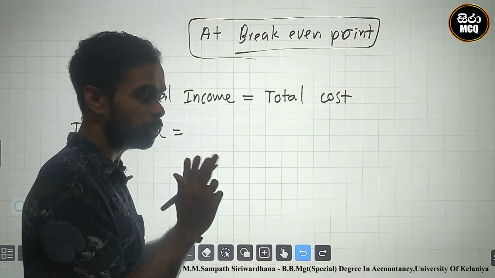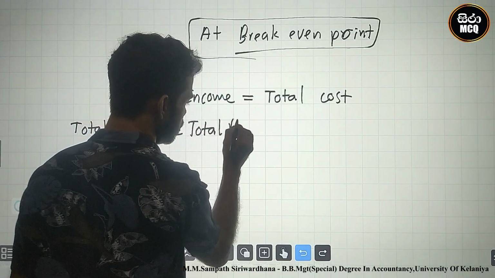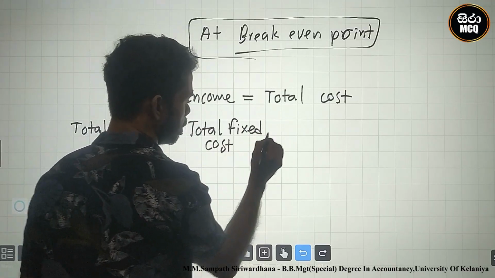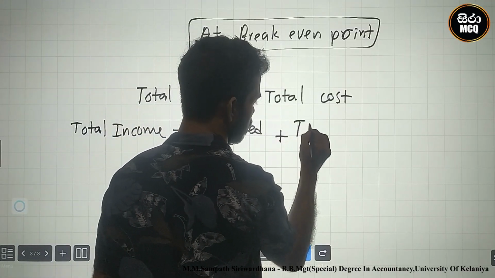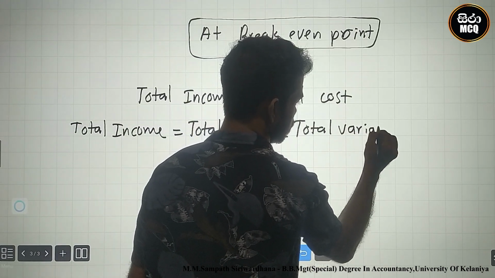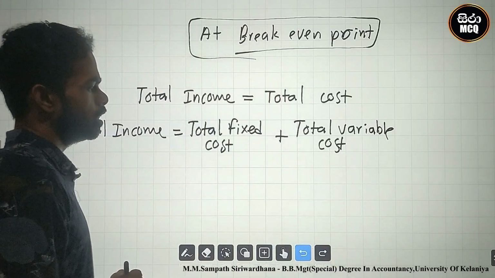I write there are two categories. What are these? Total fixed cost plus total variable cost. There are two identifications.